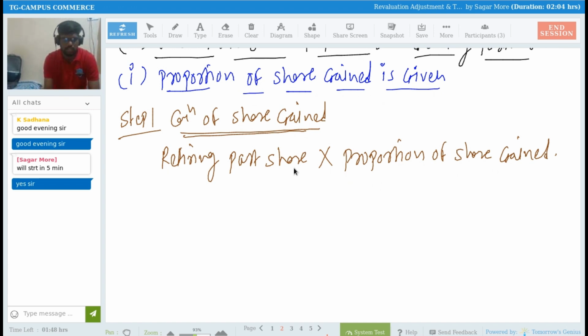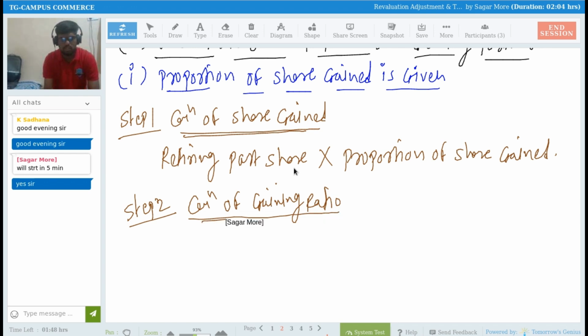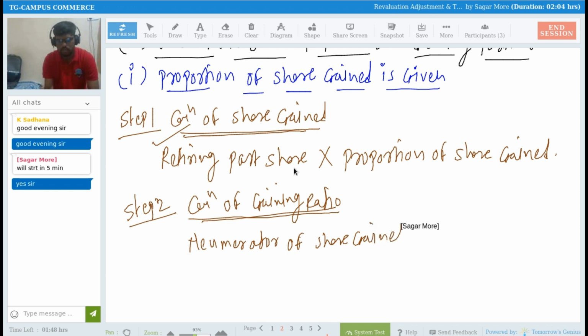After that, step number two is calculation of gaining ratio. How to calculate gaining ratio? Your gaining ratio is nothing but the numerator of your share gain. Right?